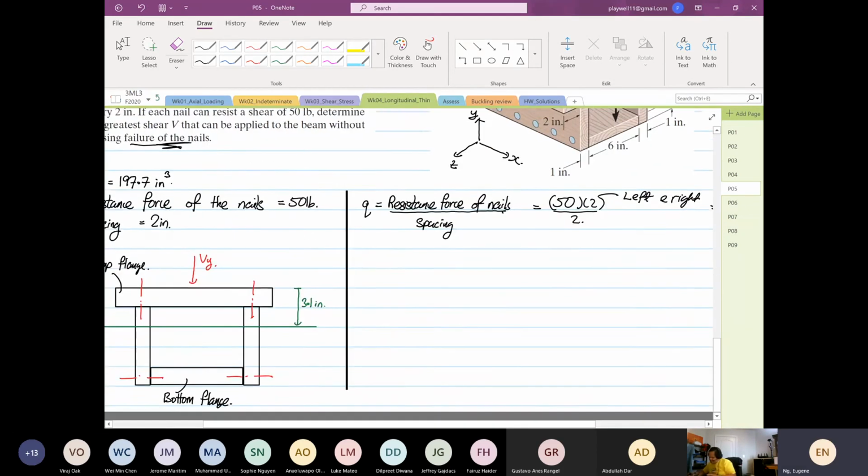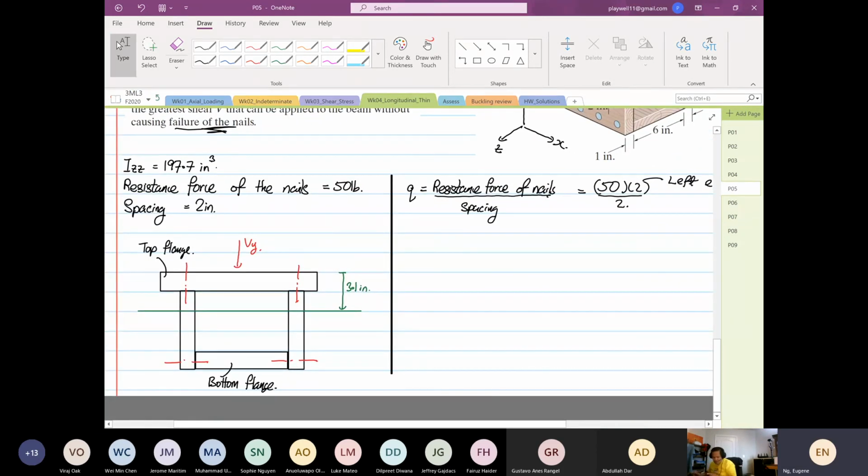So now, the failure can be at 2 parts. It's either at the top flange or the bottom flange. I don't know which one. We have to check. So if you look at the shear flow, how is it going to flow? It's going to distribute this way.